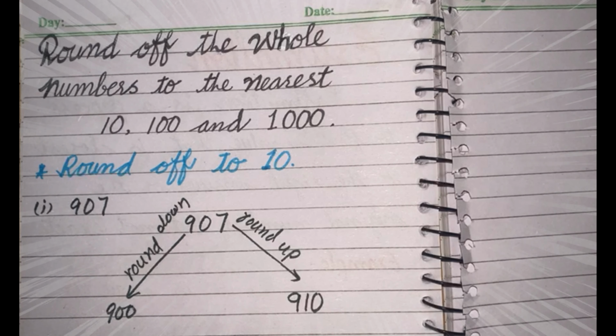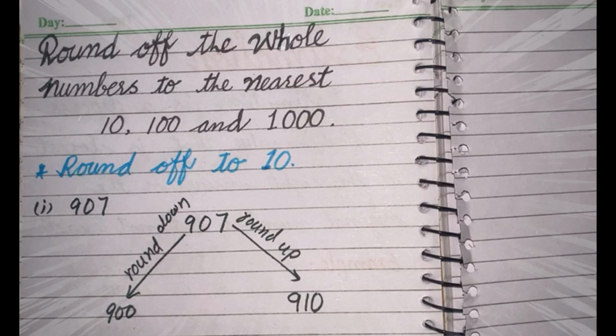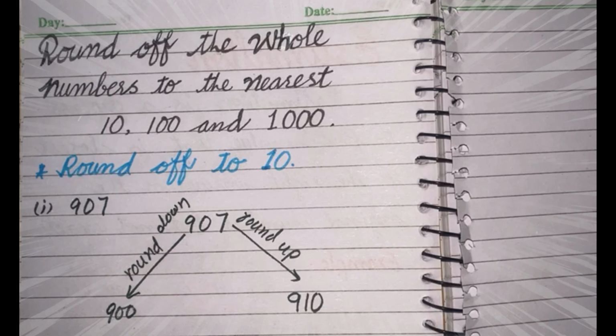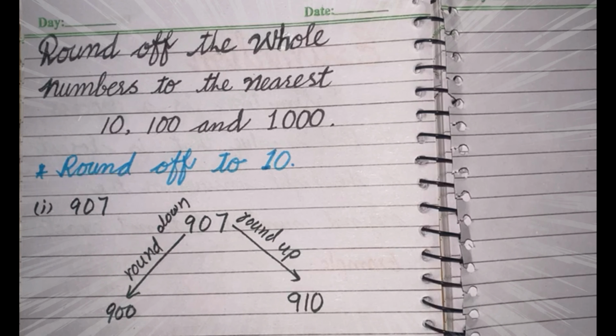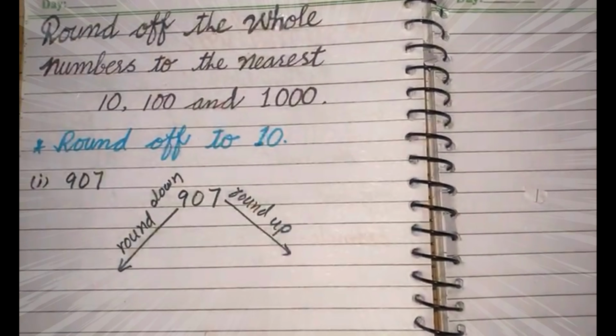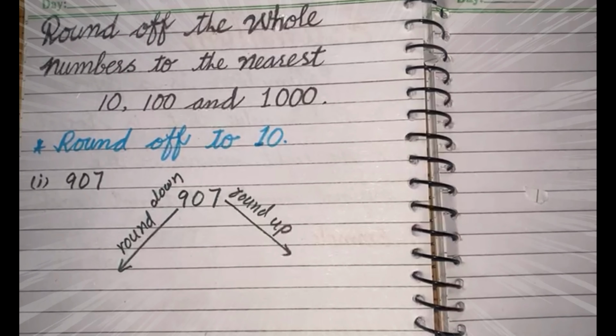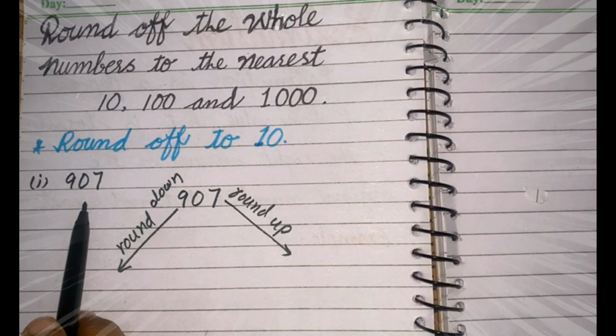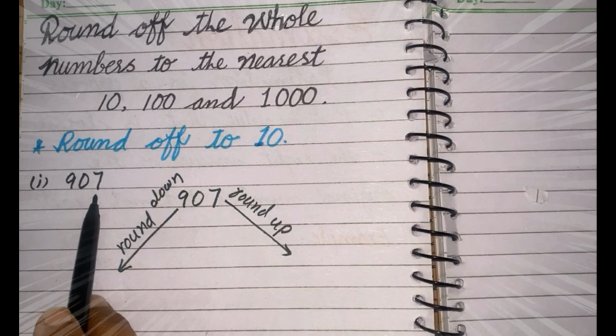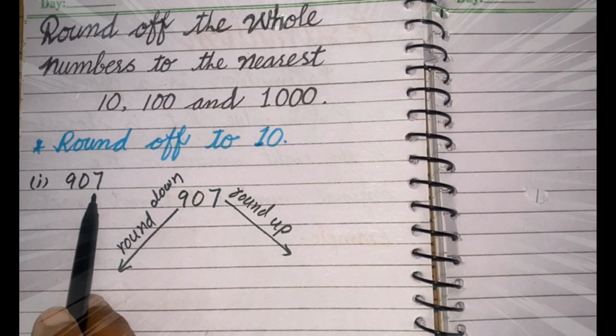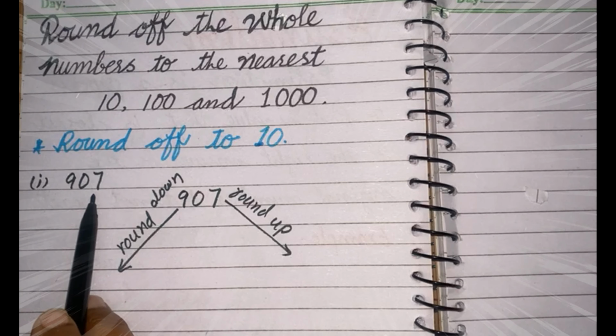Now, after explaining estimation, hopefully you have learned a lot through the examples. Now we will move to our main topic, rounding off whole numbers to the nearest 10, 100 and 1000. First we have rounding off to 10. Here we are given a whole number, 907, and we have to round it off to 10.